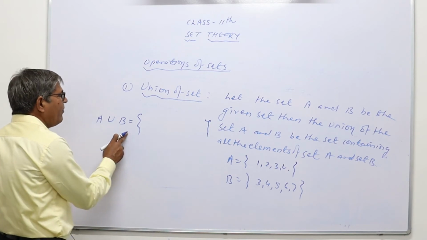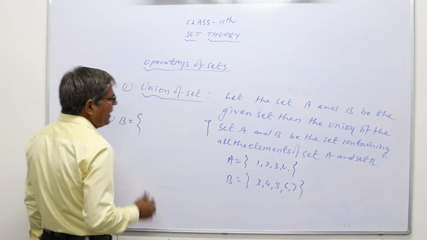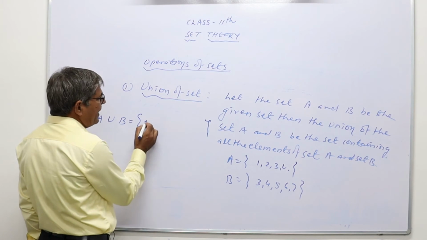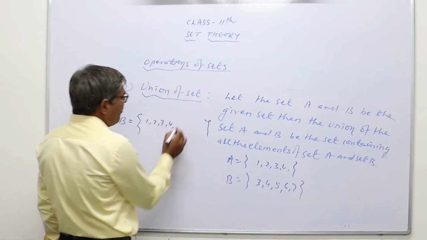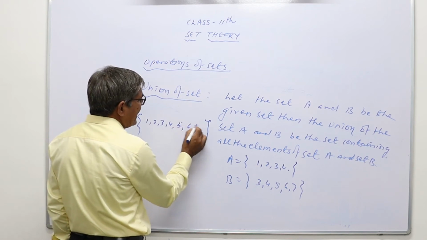So the union of A and B will be 1, 2, 3, 4, then 5, 6 and 7.